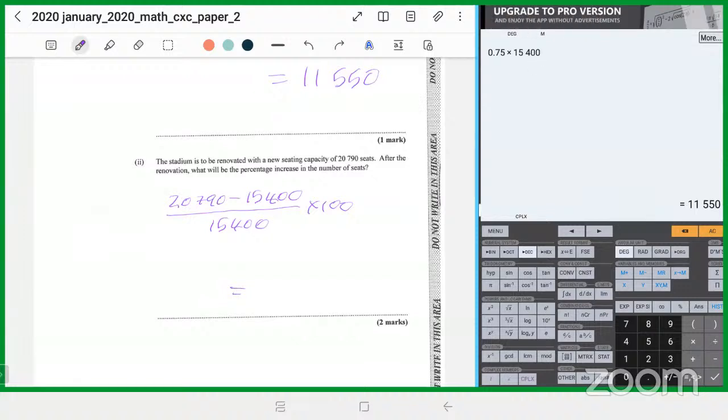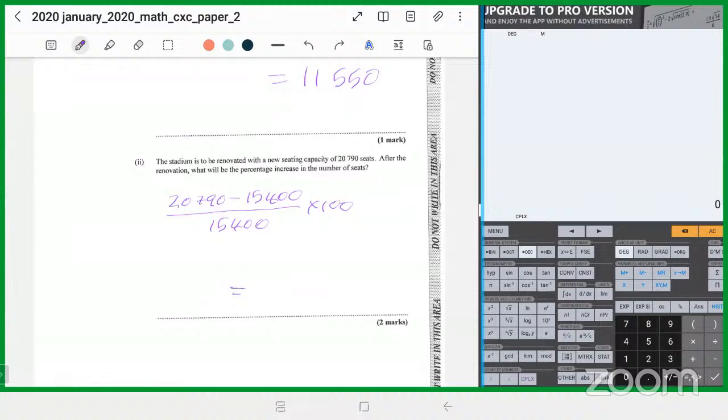The minimum number of times you can use a calculator is the better. You don't need the increase figure. You're not going to get any extra mark for working this out. Just that figure there. So let's go.